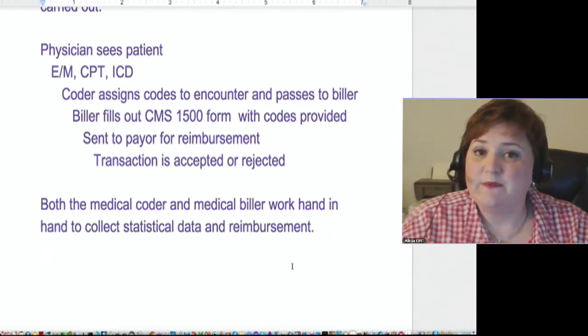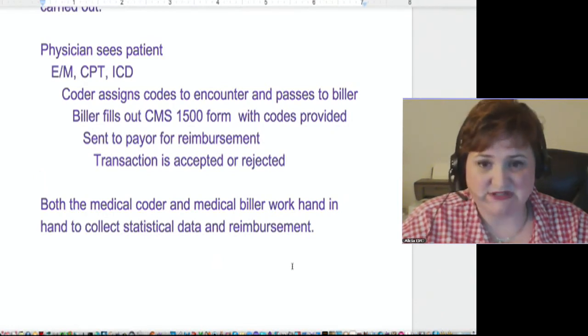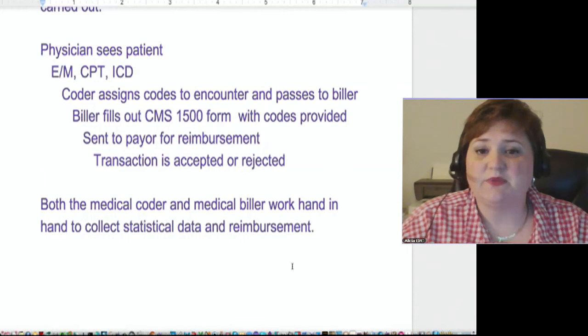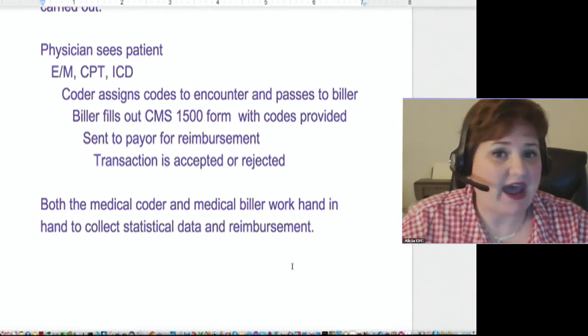But people also forget that it's done for statistical purposes. So not so much the biller, but coding was initially done for statistical data.